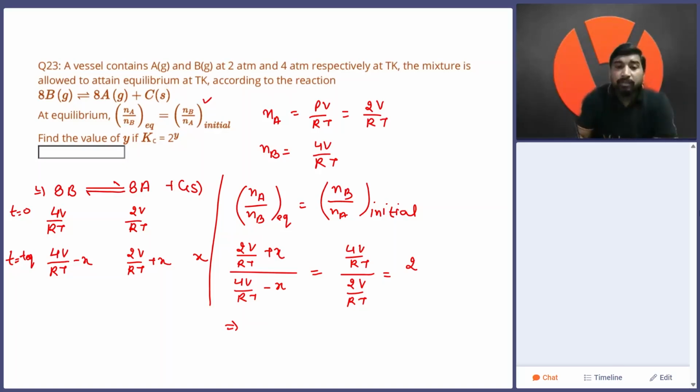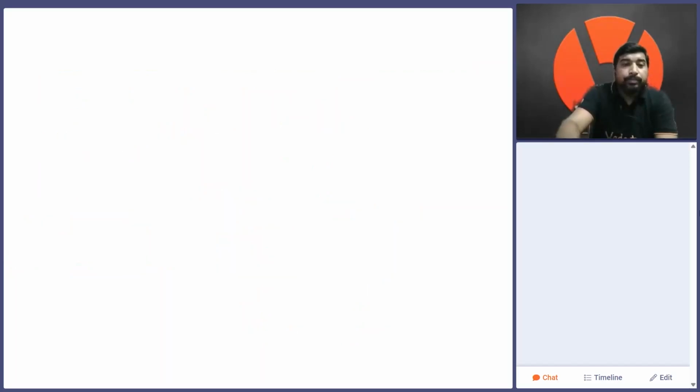So from here we can solve for X: 2V upon RT plus X is equal to 8V upon RT minus 2X. On solving this equation we will get 3X is equal to 8V upon RT minus, oh sorry, that should be minus 2V upon RT.